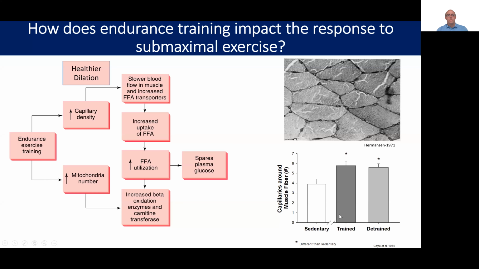All right, now let me pull up my screen again. Okay, so let's look at this. What else is going on with submaximal exercise? With endurance training, you're going to see within the muscle the increased number of mitochondria. That increased number of mitochondria is going to help with several things.